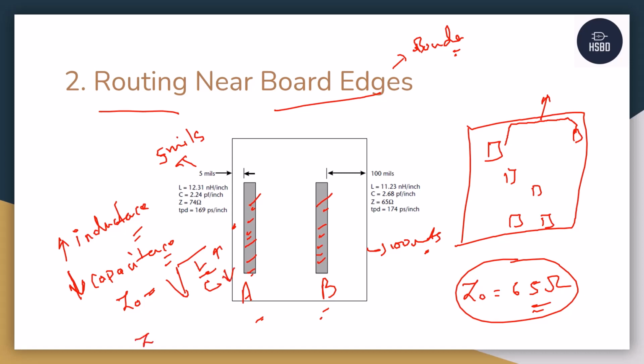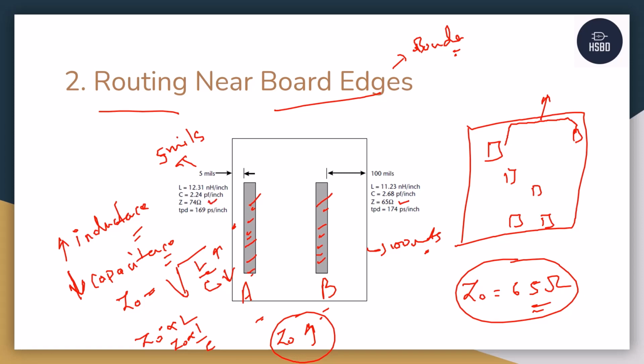So Z0 is directly proportional to L and inversely proportional to capacitance. So the Z0 will definitely go higher. You will notice in this example, L is 12.31 and with 100 mils it is 11.23. The capacitance has gone down from 2.68 picofarad per inch to 2.24. And the impedance, which was supposed to be 65 ohms, is now 74 ohms.